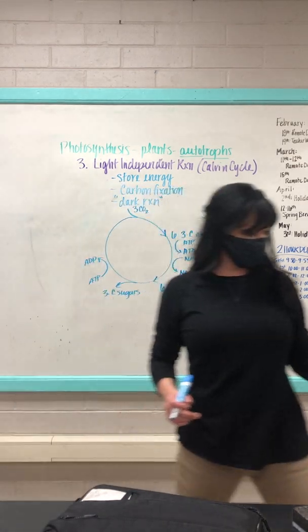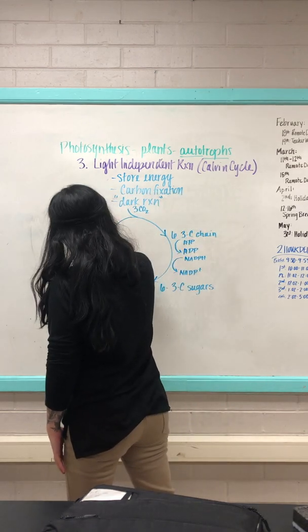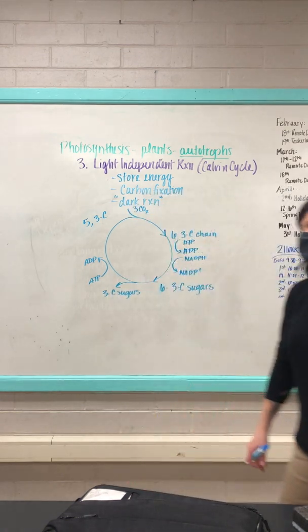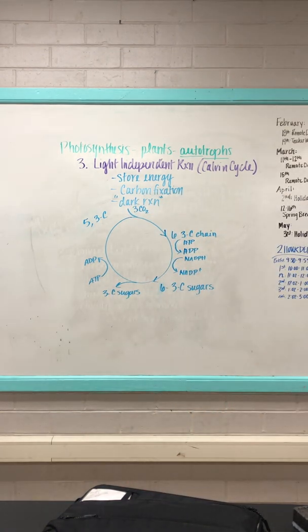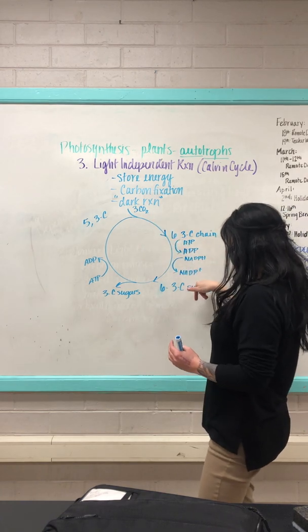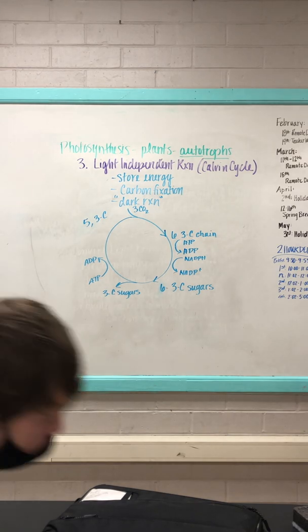So after that, you're gonna end up with 5 3-carbon compounds. That's a really, really kind of abbreviated version, but you just see that basically starting out with carbon dioxide, you're adding energy and NADPH, which is just like an energy carrier, electron carrier.